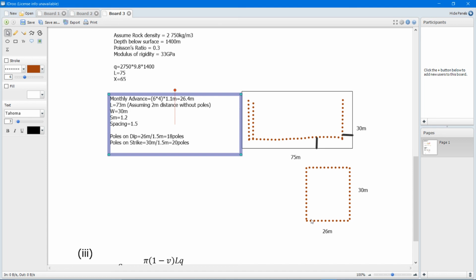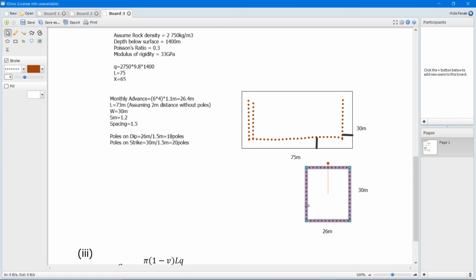However, what happens where we have finished mining? We will probably have smaller installations of mat packs or any other kind of material that supports.